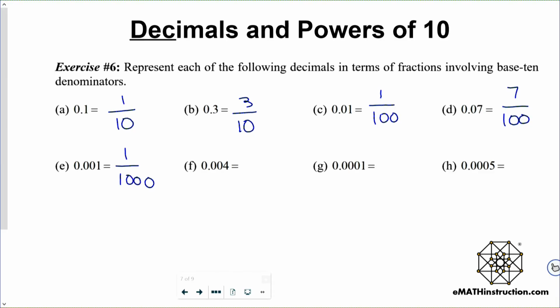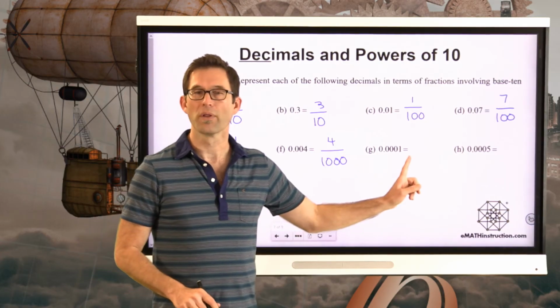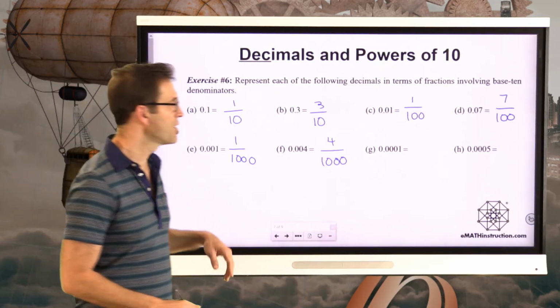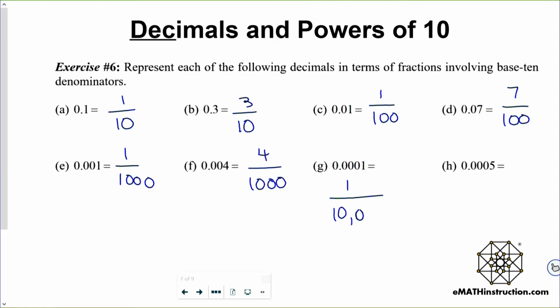And likewise, if I have 4 of those pieces, I have 4 1,000ths. And we just keep going. So one more place out, instead of having 1/1000th, I have 1/10,000th. Commas are optional. And likewise, if I have a 5 in that place, I have 5 10,000ths.